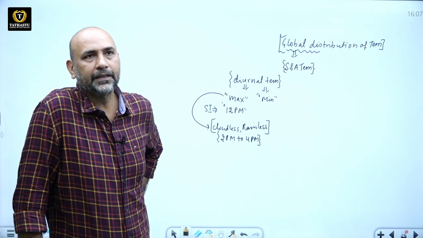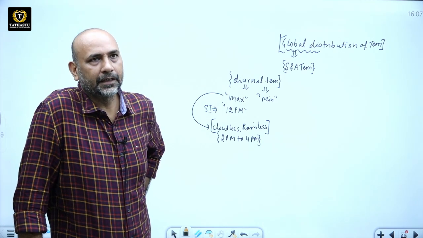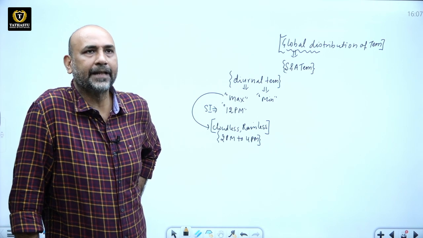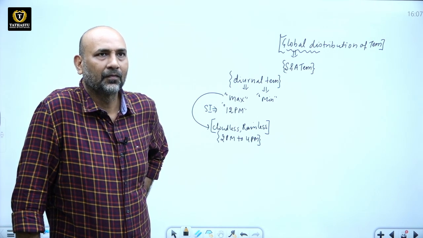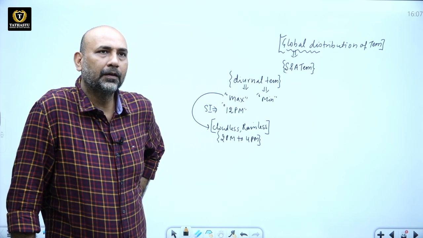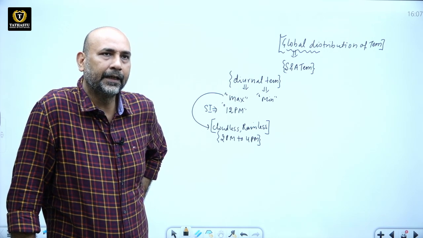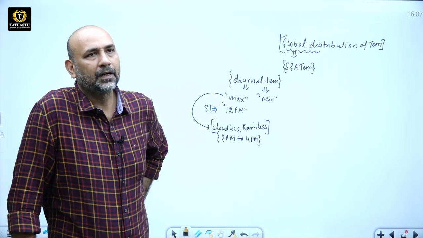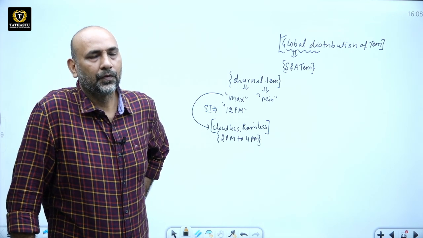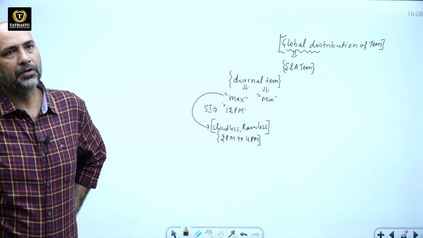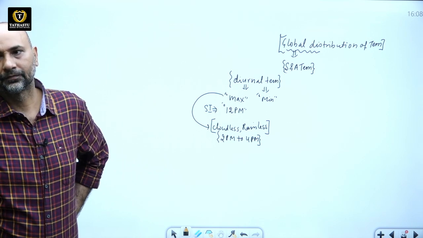There is always a delay between process and effect, that is called time lag. Remember this phenomenon, time lag. So solar insolation for a cloudless and rainless day is maximum at 12 p.m., but the surface and atmospheric heating, with the time lag, is maximum between 2 p.m. to 4 p.m.